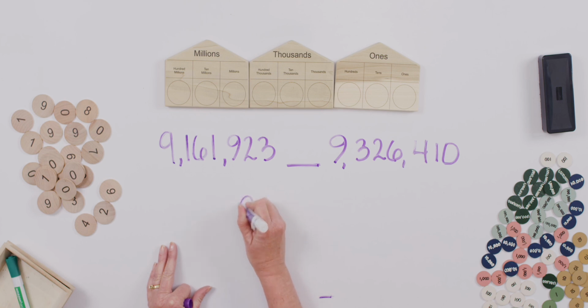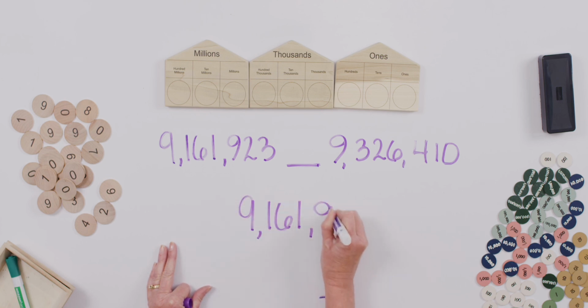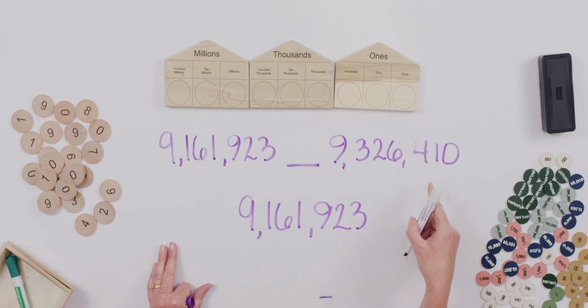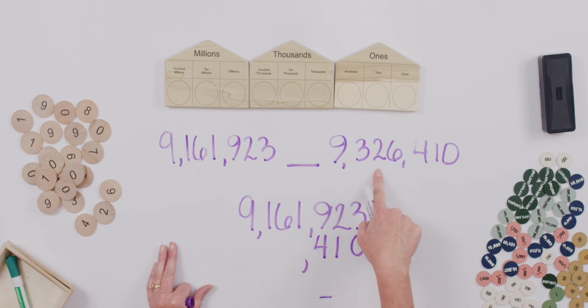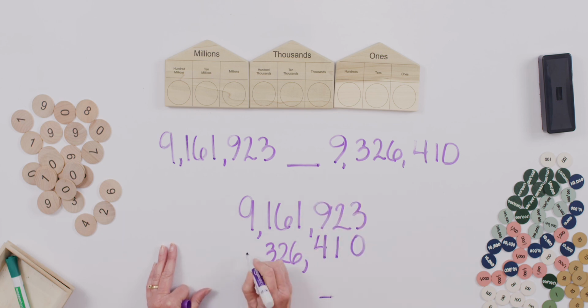I'm going to write my numbers this way: 9,161,923. And then I'm going to write my second number below it. I'm going to make sure I line them up so I know I have 0 in my ones, 1 in my tens, 4 in my hundreds, and then my thousands are 326, so I can do my 326,000, and then my 9 million.